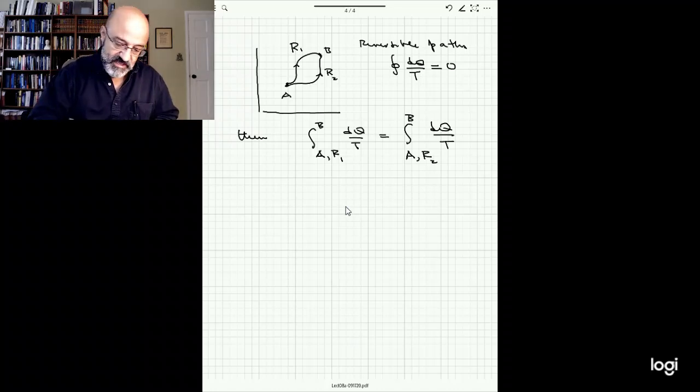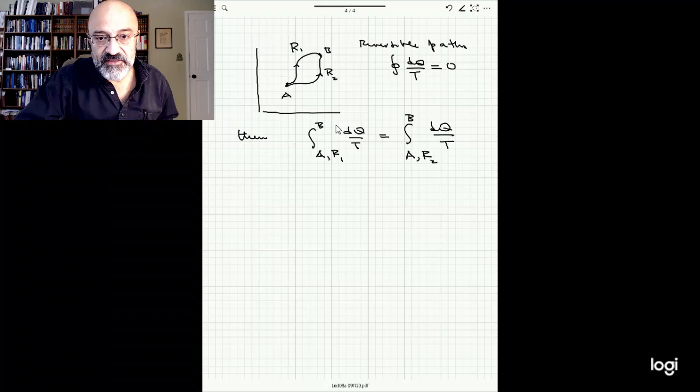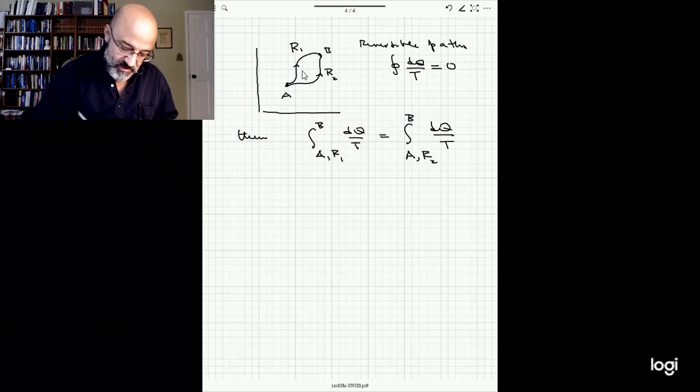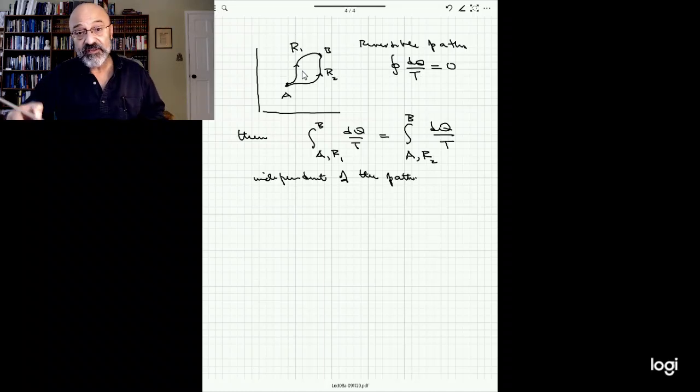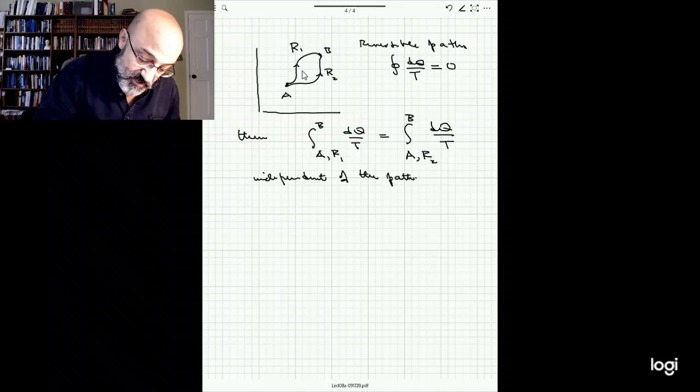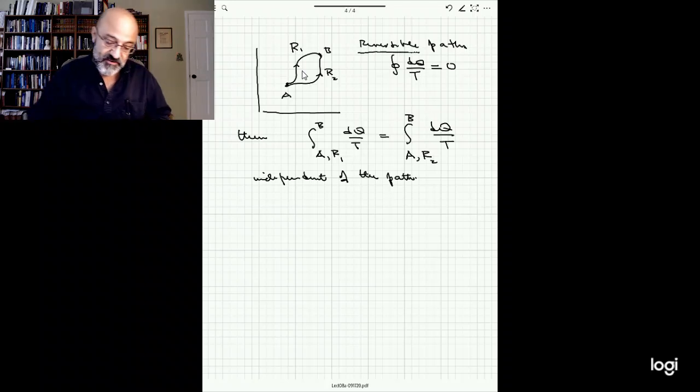So what this means is that the integral along a path is actually independent of the path, provided it is reversible.